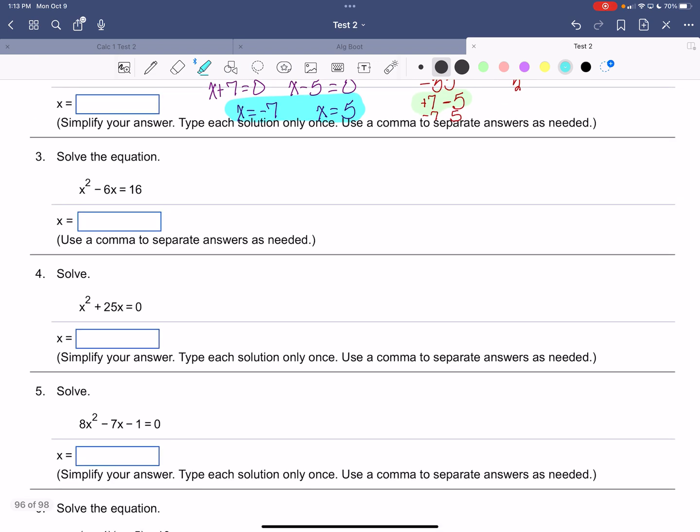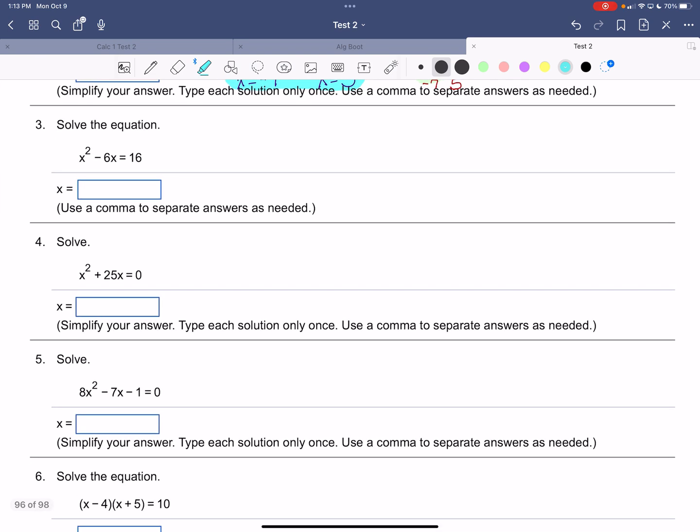Now let's look at number 3. In this particular one right here, I have not set equal to 0. So the first thing I have to do before I can do anything else is I have got to set this equal to 0. So I have x squared minus 6x equals 16.